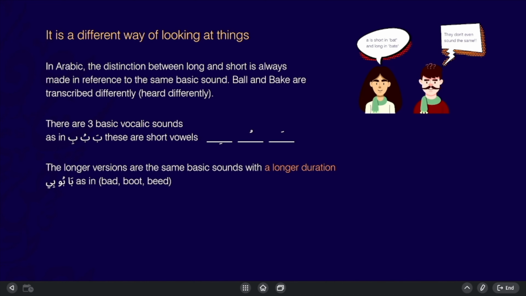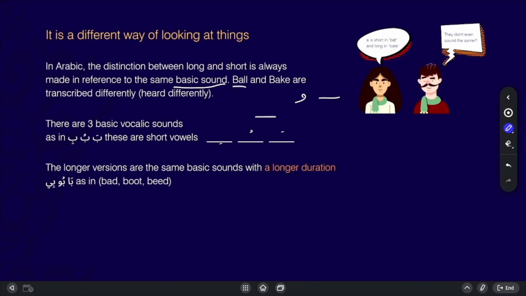And so, the distinction between long and short vowels is always made in reference to the same basic sound. Ball and bake are transcribed differently and heard differently in Arabic. Ball, there is no such sound in Arabic. There is only a, u, and e.